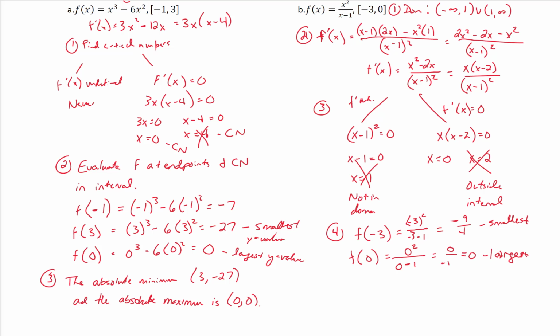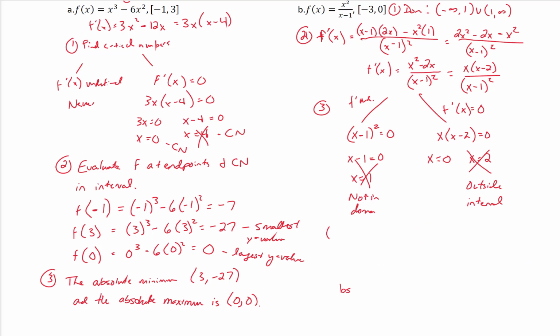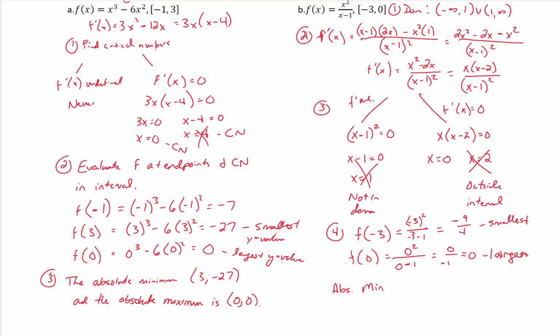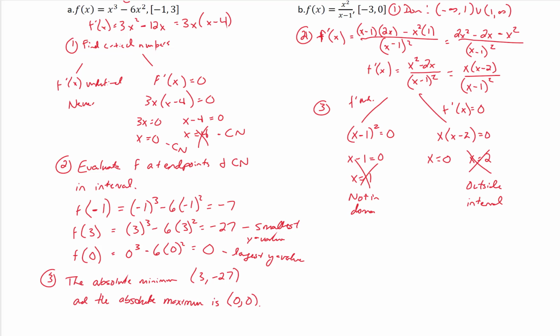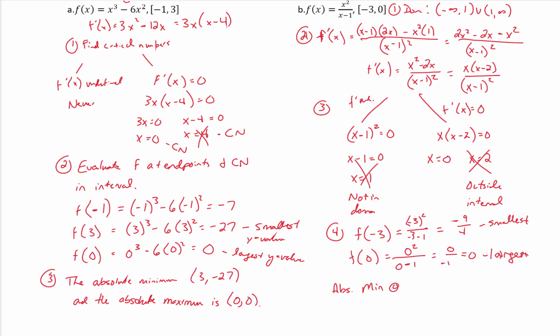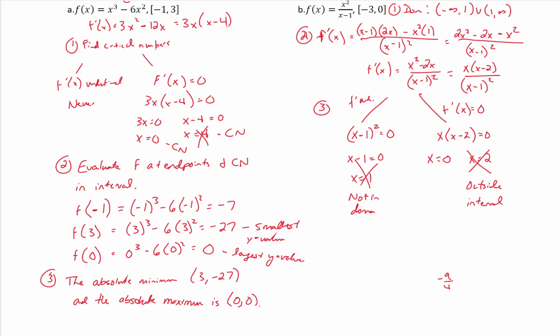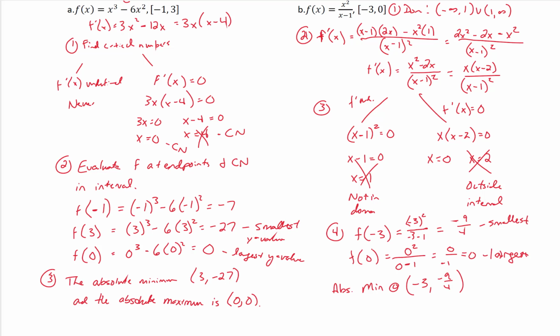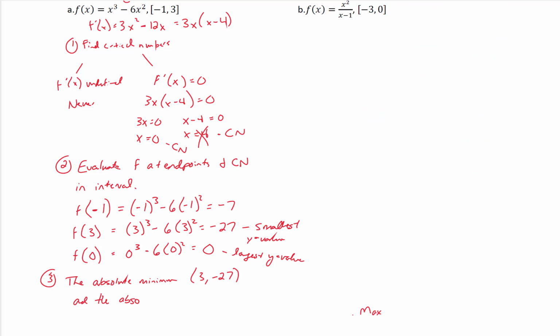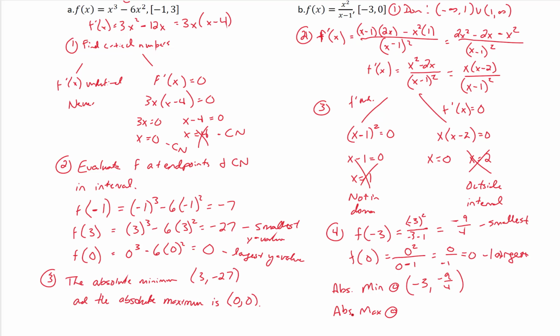So that tells us then we have an absolute minimum at -3, -9/4, and an absolute maximum at 0, 0. And we're finished.